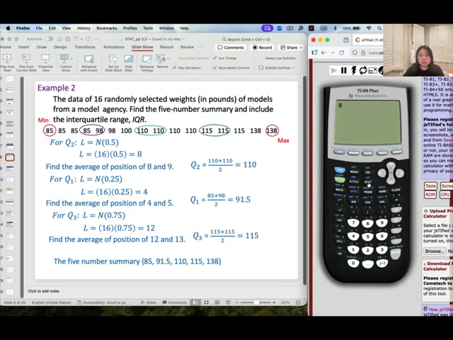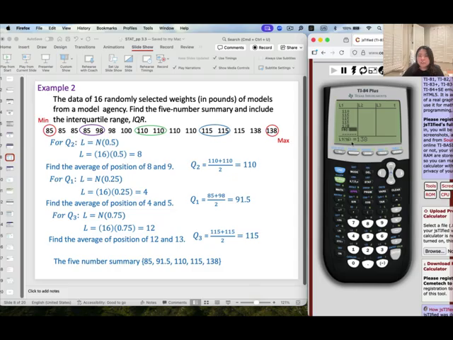First, click on STAT, click on number 1, Edit. We're going to input the data set in L1. Make sure you have 16 data values.